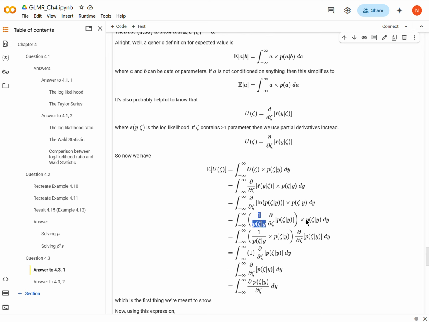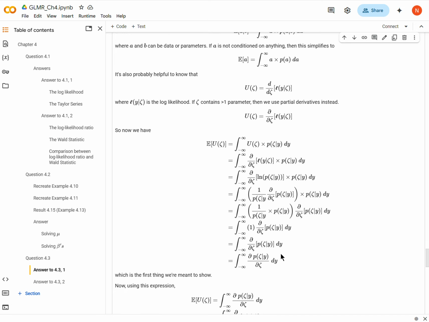I put them inside the parentheses, which may be a little misleading, and then I take this outside. Now this cancels with this, and so I have 1. So I'm just left with this term here. Well, this is what we're meant to show.